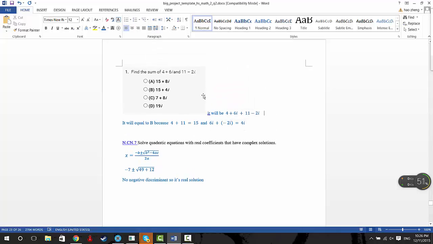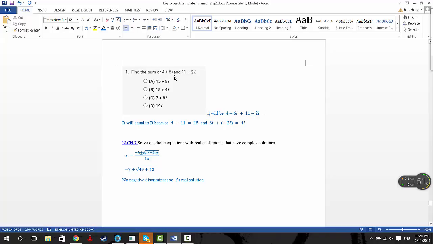So as here I already did it, so it will be 4 plus 6I here, and plus 11 minus 2I, it will be equal to B. Yeah, because 4 plus 11, we switch sides, right?